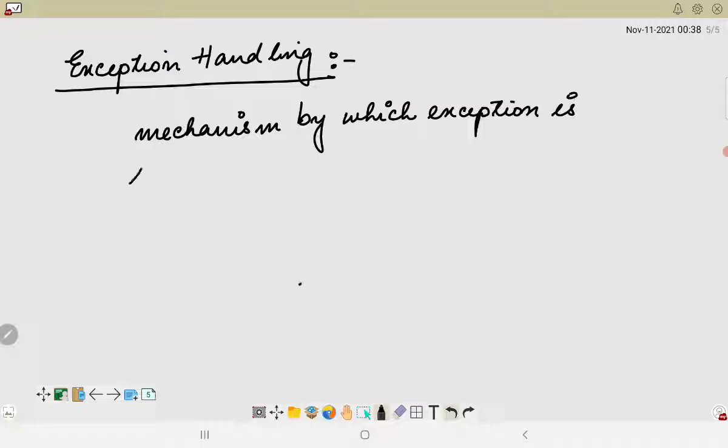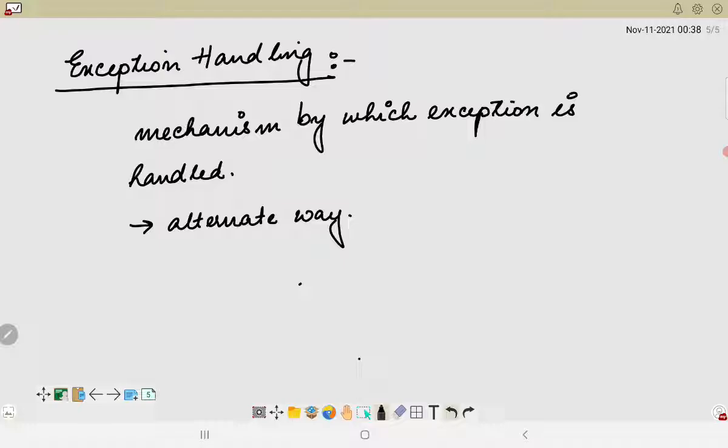This is nothing but finding an alternate way in order to handle that exception.